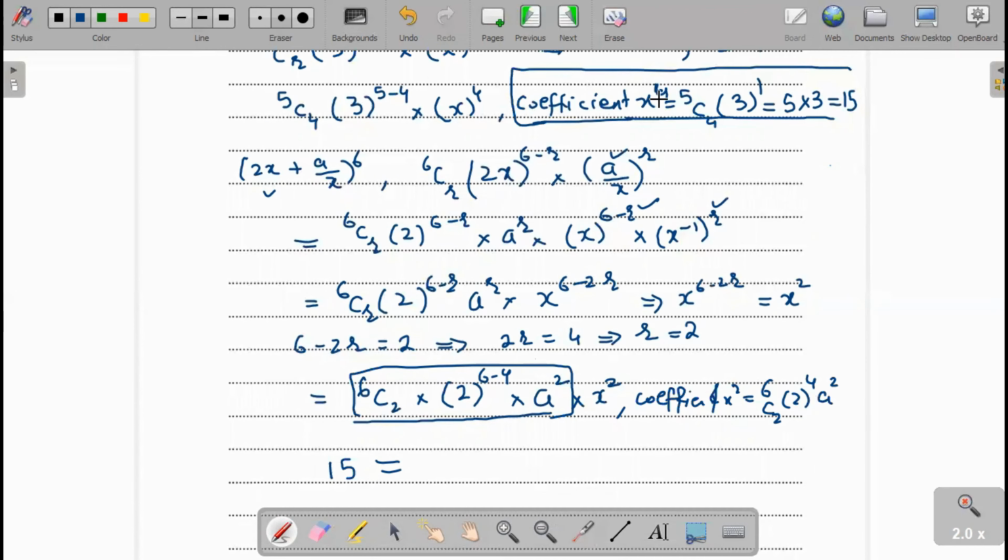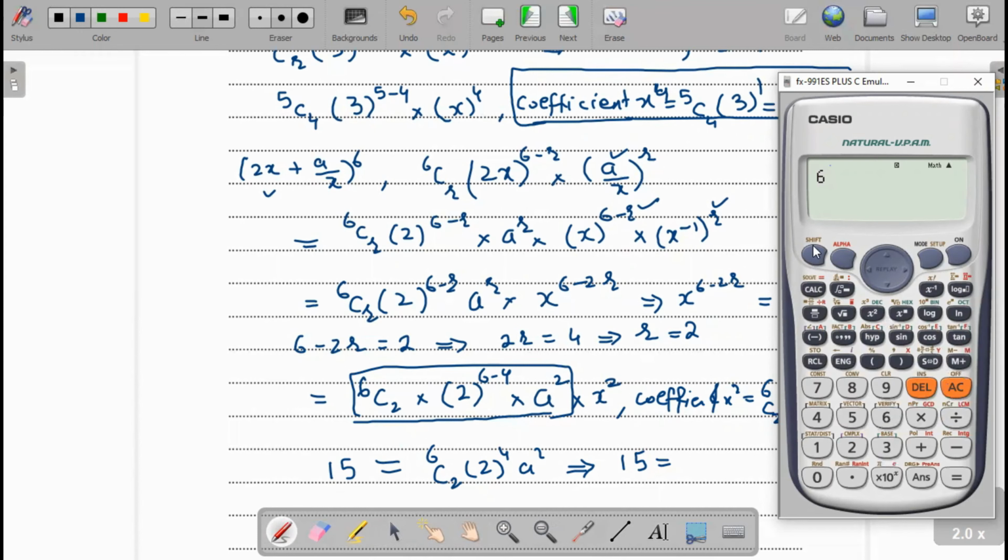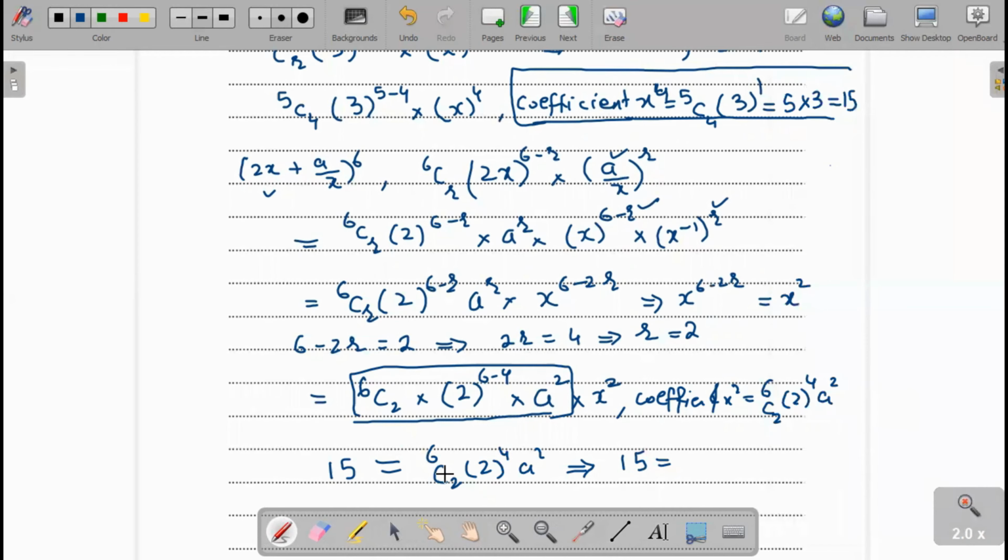Now the coefficient of x^4 equals the coefficient of x^2: 15 equals 6C2 times 2^4 times a^2. We calculate the value of 6C2, that is equal to 15. Now we write 15 times 2^4, and 2^4 is 16, times a^2.